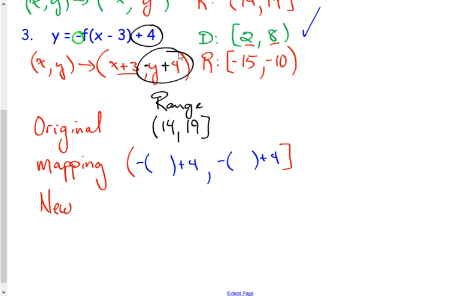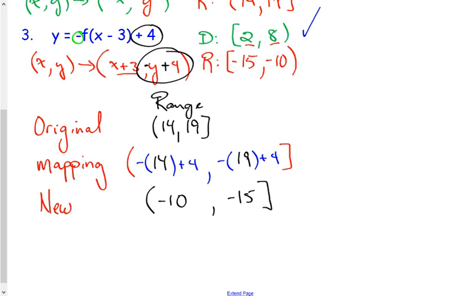And I'll just plug in the numbers. So I plug in the 14 here and the 19 there. So negative 14 plus 4, negative 10. Negative 19 plus 4, negative 15. And the endpoints stay with them. So this is still rounded, that's still square.